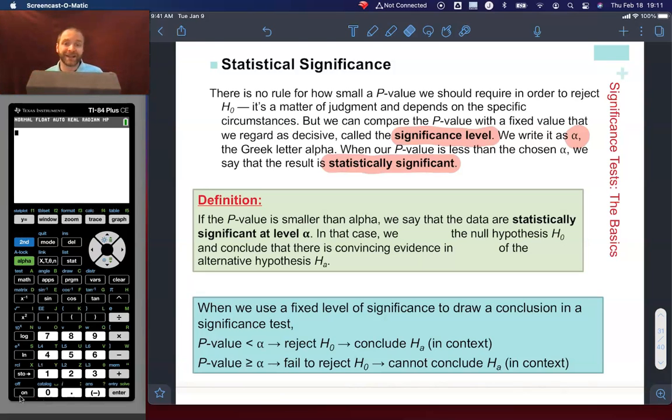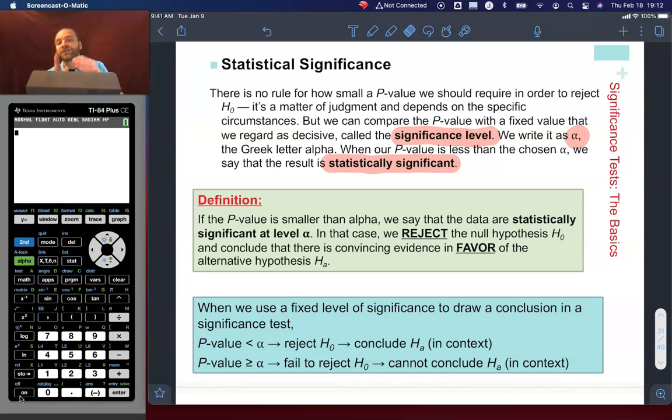We have to specify that level. In that case, when that happens, we can reject the null hypothesis and conclude that there is evidence in favor of the alternative. So if the p-value is less than the alpha, we can reject the null and conclude the alternative.